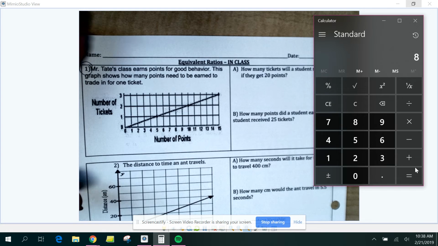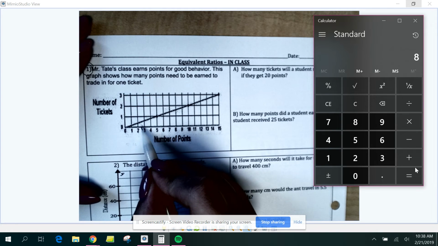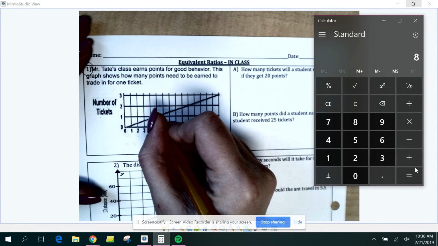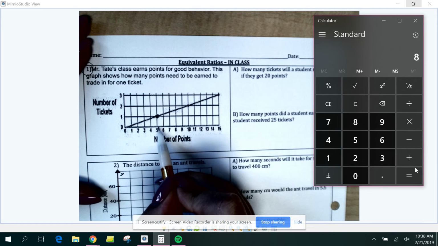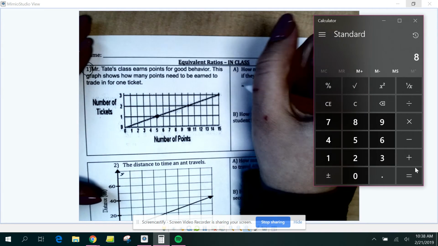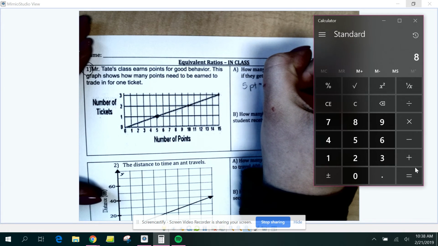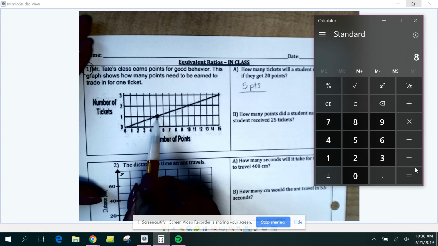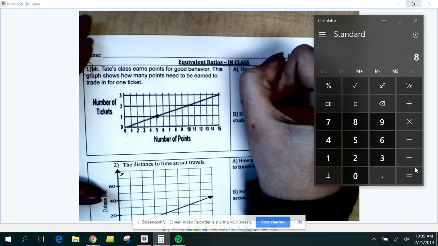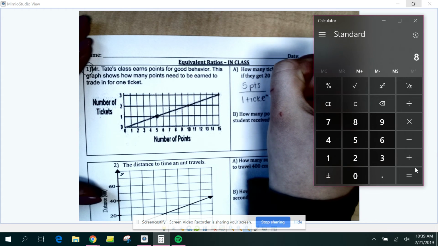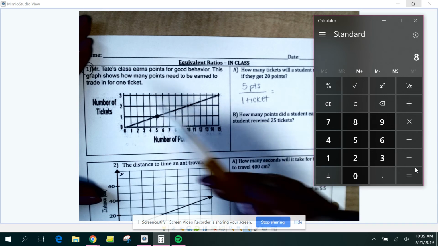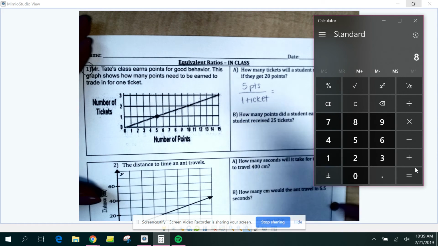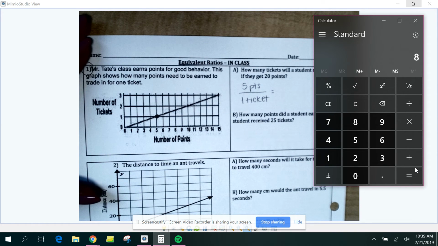So for this example, I'm just going to find the one where it first hits the line with equal numbers. So I have 5 points, and that lines up with 1 ticket. So there's my original ratio that I can use, okay? I could have also used 10 to 2 or 15 to 3. Any of those would work.